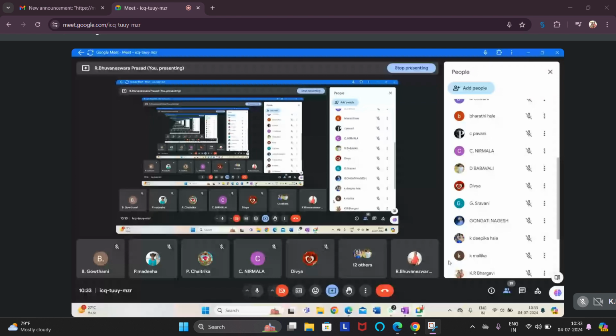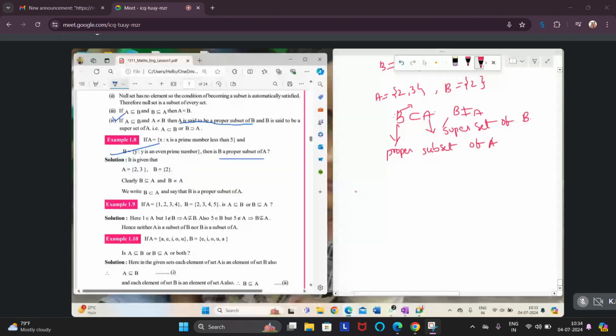I think everybody will understand. So try this. If a equals 1 2 3 4 and b equals 2 3 4 5, is a subset or equal to b, or b subset or equal to a? Check this condition. Is b a subset? Yeah, it is not equal. Why?